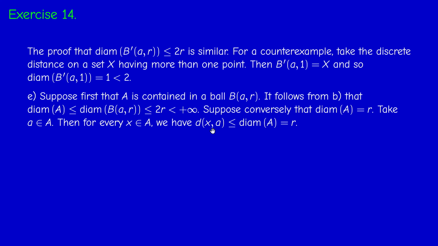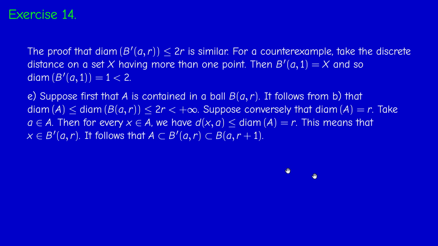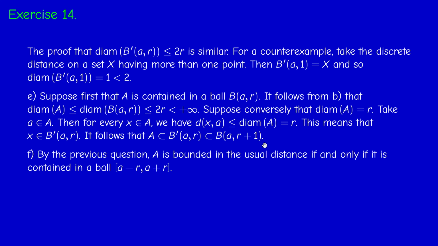So the distance between x and a is less or equal than R, and this means that x is in the closed ball of center a and radius R. And since x was arbitrary, A is contained in the closed ball of center a and radius R. And this is of course contained in an open ball of a bigger radius. So we proved the equivalence.